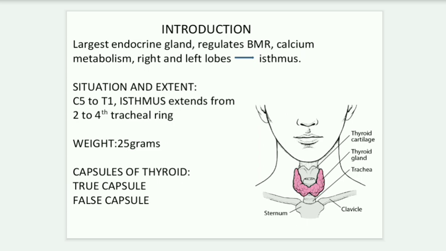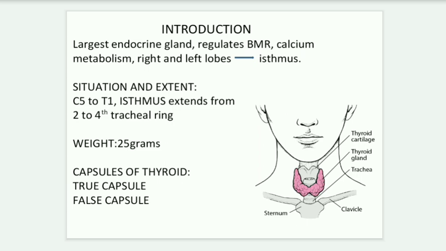This gland is for the synthesis of your iodine hormones, which are stored in a follicle. This gland consists of right and left lobes which are connected to each other by your isthmus junction, and it is situated in an extent from C5 to T1.